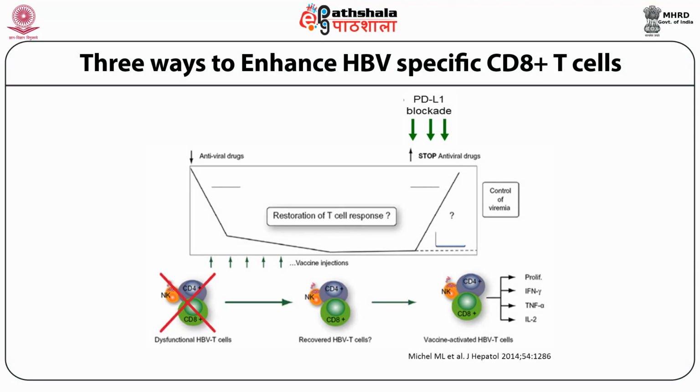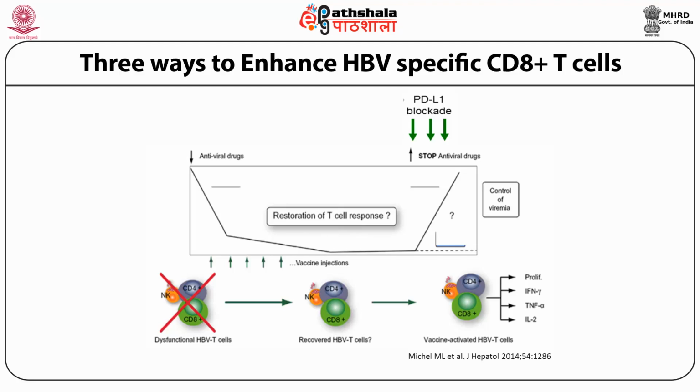There are three ways to enhance viral clearance or the viral clearing CD8 positive T cells. How? First, you give the antiviral drug, which you start from day 0. Once the antiviral drug is there, you can restore the T cell or the total immunity. At the time of restoration of T cell response, you give the PD-L1 blockade.